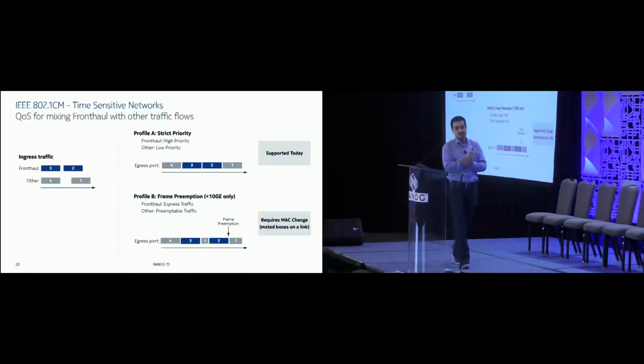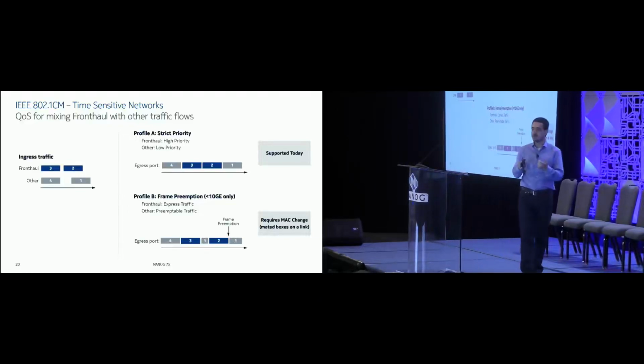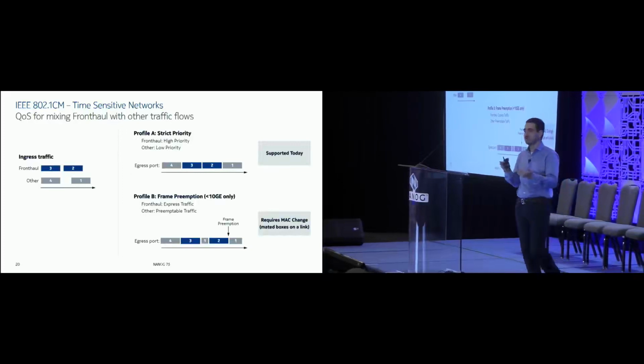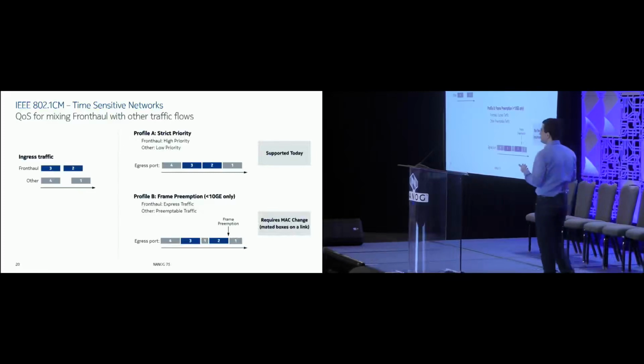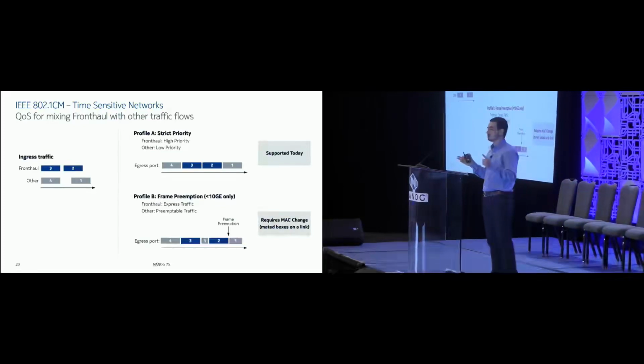And as you could imagine, this requires a change in the MAC processing, because now you have to stop transmitting some frames, you have to signal that, transmit another frame, and then resume transmitting the initial frame, and then rebuild that frame in the MAC chip. So if you want to deploy that type of frame preemption capability, you need a mated box.